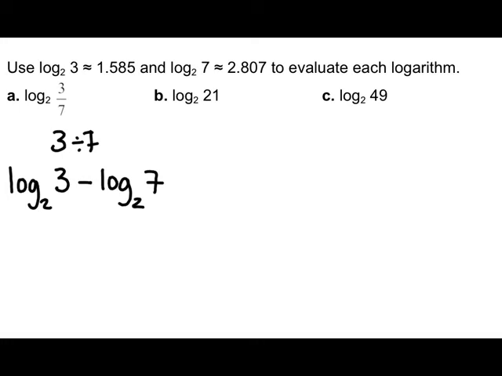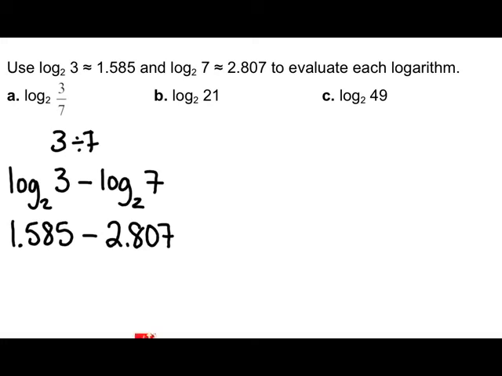Well, from the problem above, it says that log base 2 of 3 is 1.585. It says minus log base 2 of 7, 2.807. So to finish evaluating this problem, all I have to do is subtract those two values.